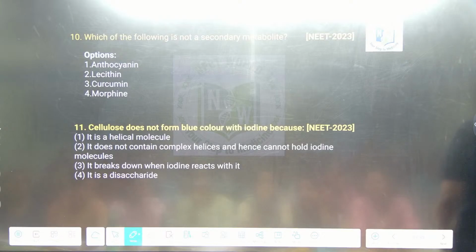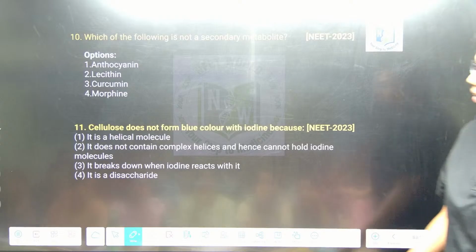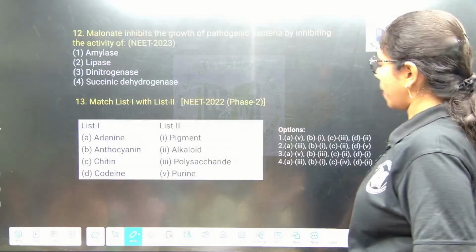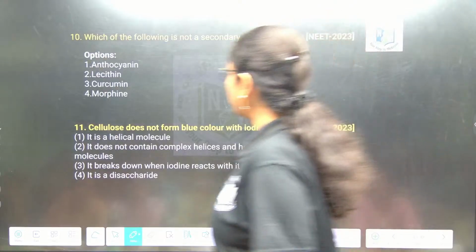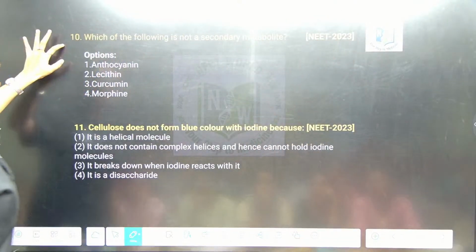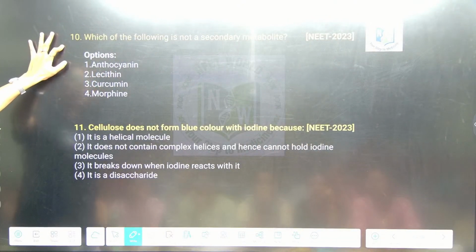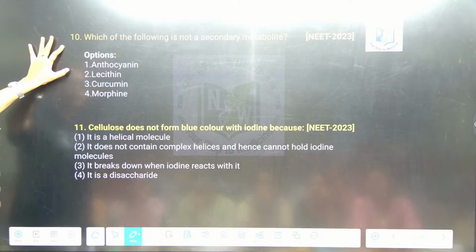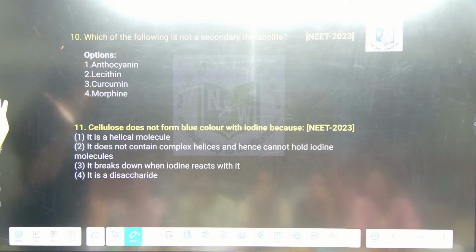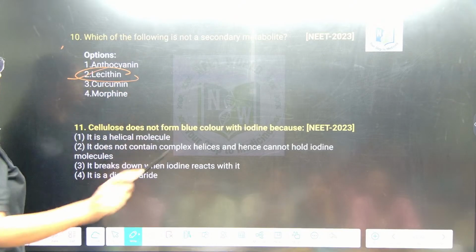Options are not given, no? This is the question, right? Which of the following is not a secondary metabolite? We can say this: lecithin. Point to this team. Next.